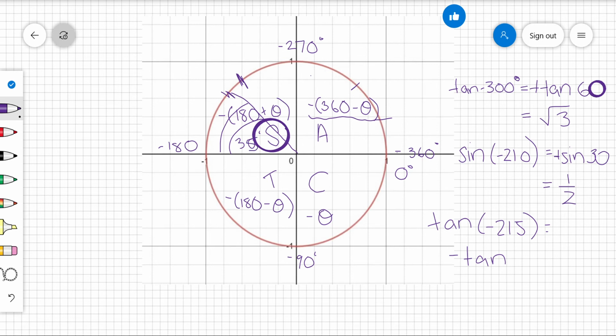So we're looking at tan 35, but it's in the sine quadrant, so it's a negative. We'd have to put tan 35 in our calculators because it's not an exact value, and we would get negative 0.700 to 3 decimal places.